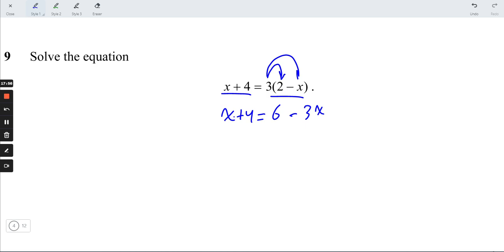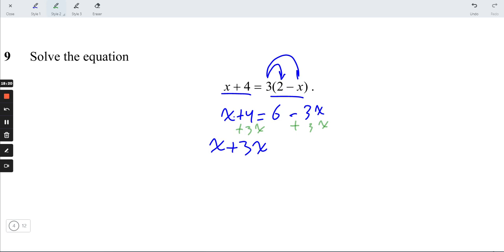But also, don't forget, if you are moving or shifting it to the left hand side, to change the minus to positive. So here it will be x plus 3x, or you could say plus 3x to both sides.